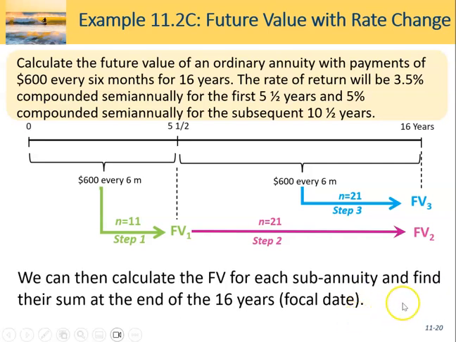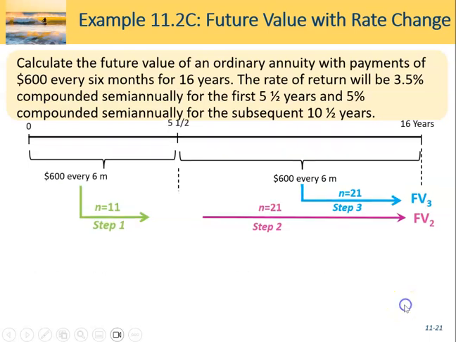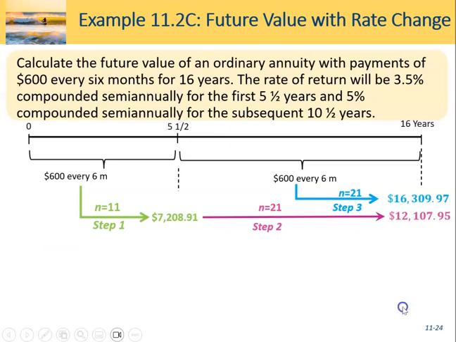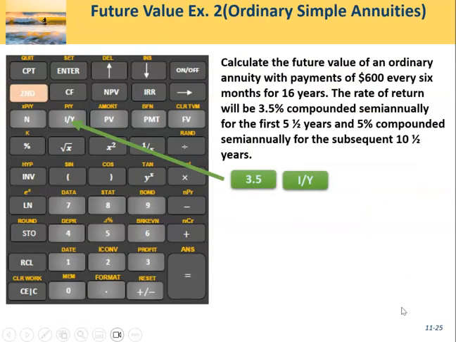Okay, so when we calculate the future value of each sub-annuity, because it changes at the 5.5 year mark, we actually end up getting a better interest rate. So we need to find out what it is for the first 5.5 and then figure out what it is for the next 10.5. So we're going to use our calculator to calculate this.